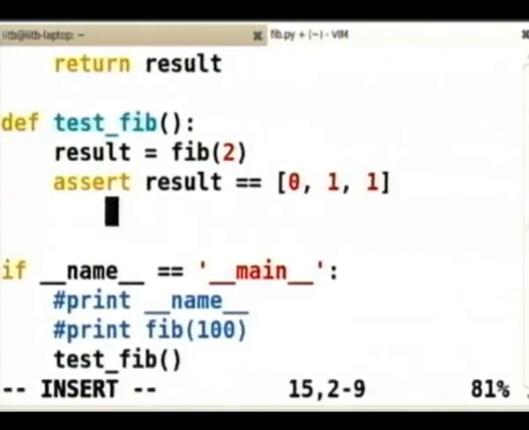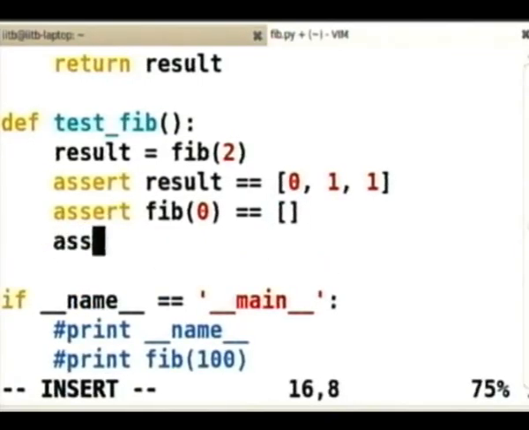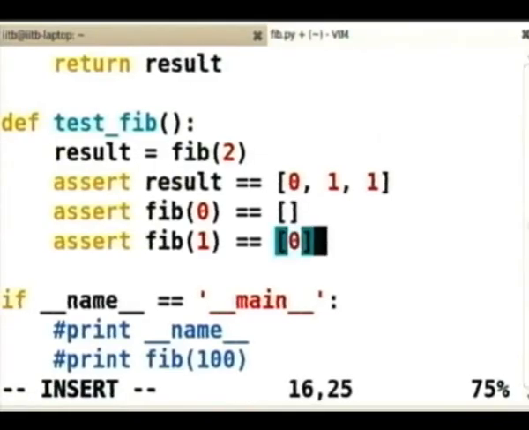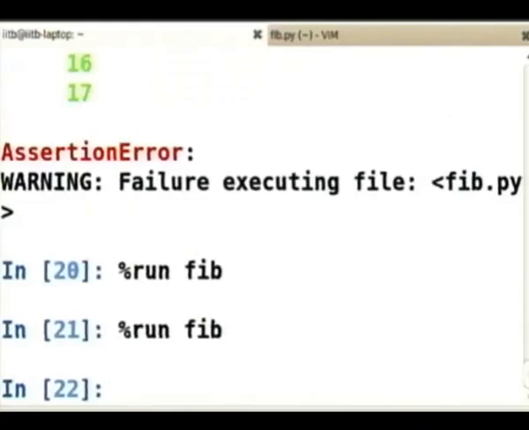But now I say, okay, I want to test something else. I can say assert fib of 0 should be what? Fib of 0 should give me empty. Then assert fib of 1 should be 0. Correct? 2 new test cases I have created, passes. So it looks like my code is correct.